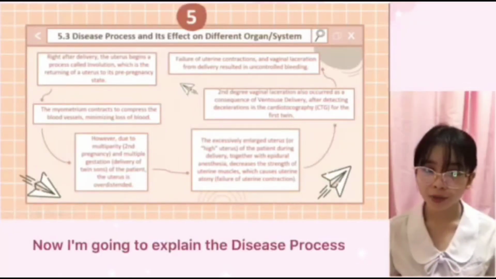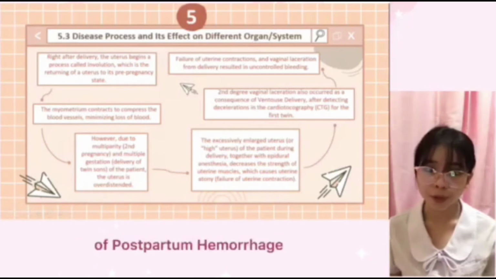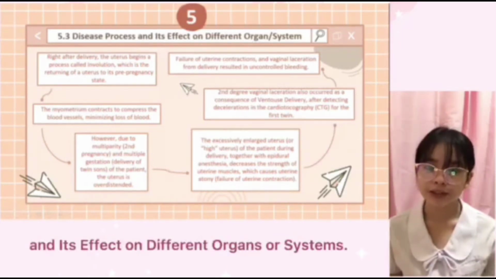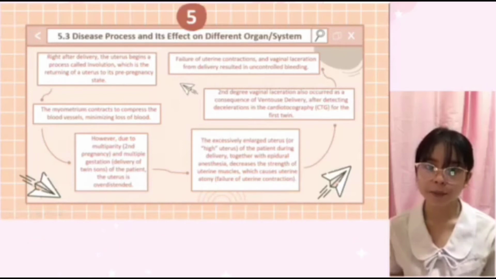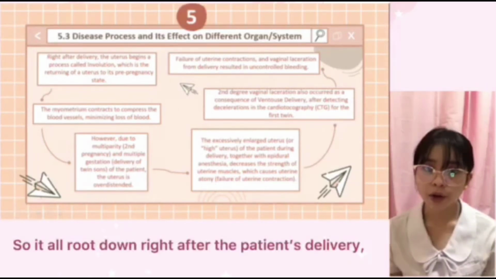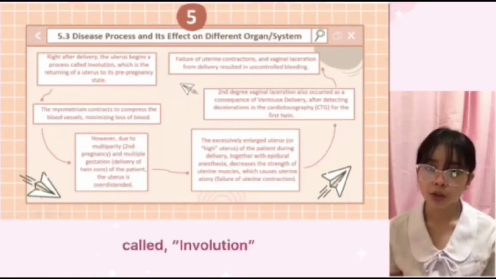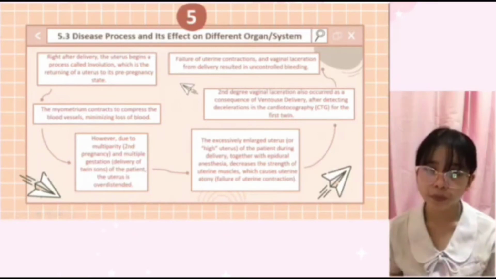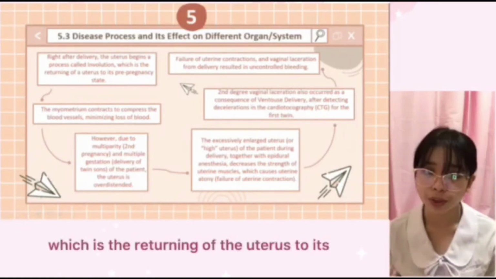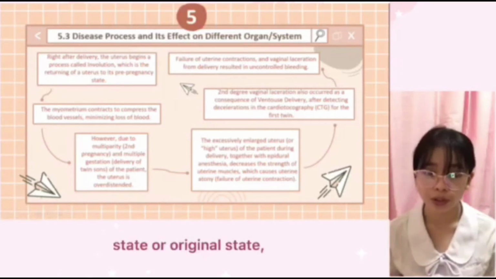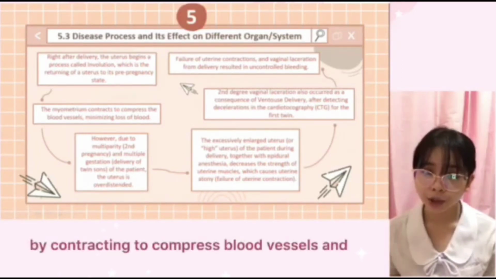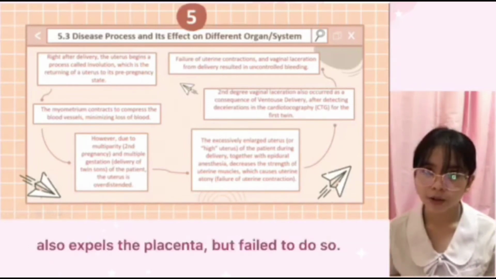Now, I am going to explain the disease process of postpartum hemorrhage and its effect on different organs or systems. It all starts right after the patient's delivery, in which the uterus is supposed to begin a process called involution, which is the return of the uterus to its pre-pregnancy or original state, by contracting to compress blood vessels and also expel the placenta, but it failed to do so.